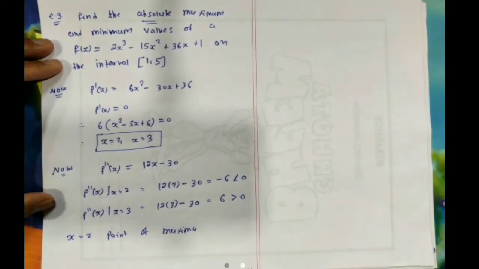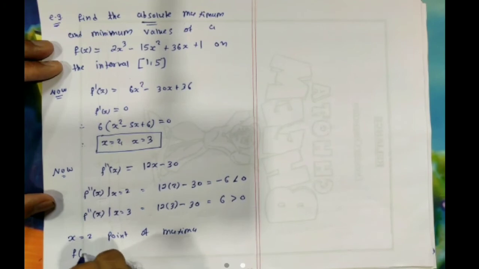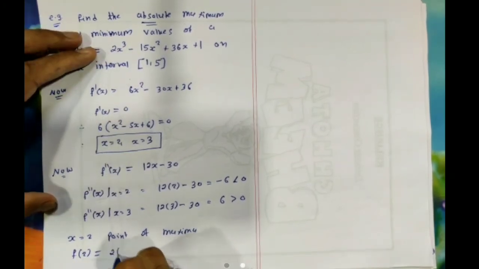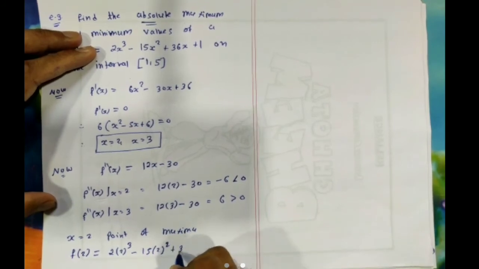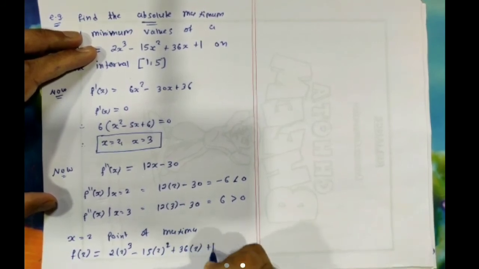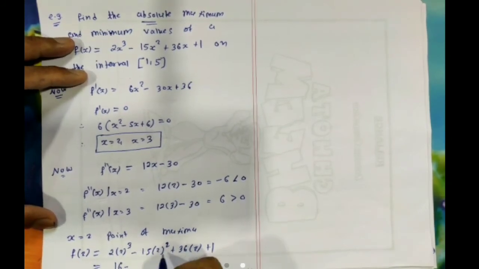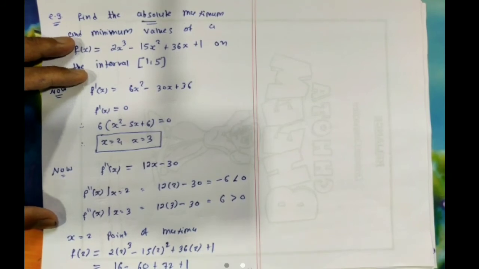X equal to 2 will give the point of maxima, and that maximum value will be f of 2. So what is our f of 2? Put 2 over here: 2 into 2 cube minus 15 into 2 square plus 36 into 2 plus 1. 2 cube is 8, 8 2s are 16, minus 2 square 4, 15 4s are 60, plus 36 2s are 72, plus 1.